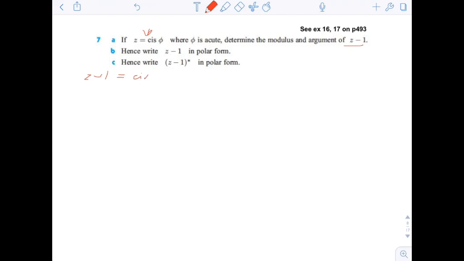So it's equal to cis phi minus 1, which is equal to the cosine of phi plus i sine of phi minus 1. So if we want to group the real parts, it would be cosine of phi minus 1 is the real part, and the imaginary part would be i sine of phi.